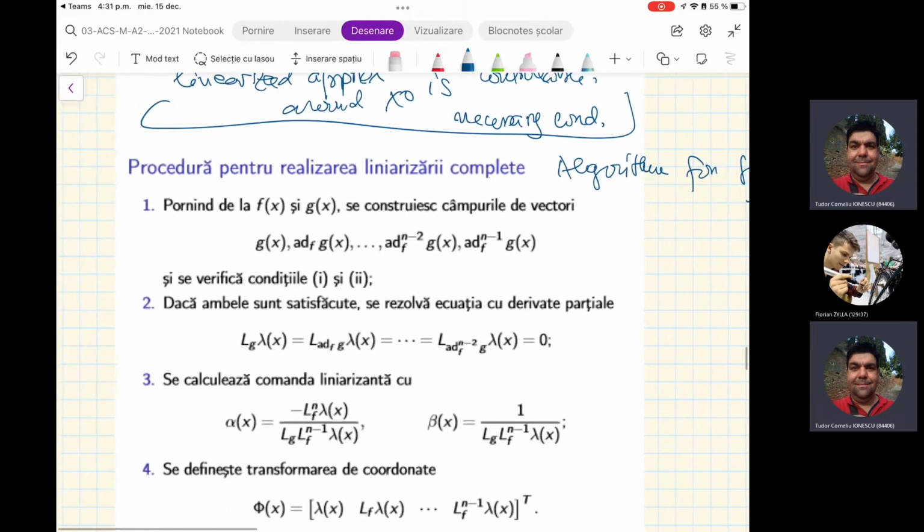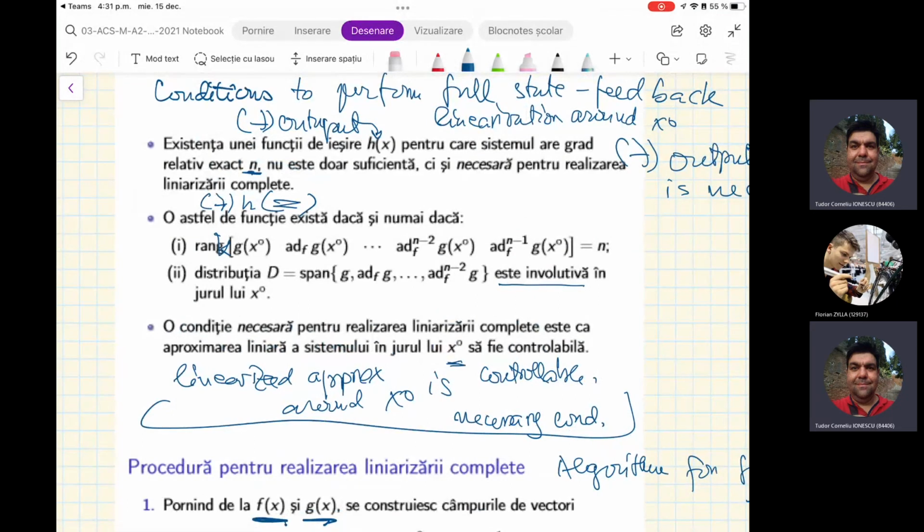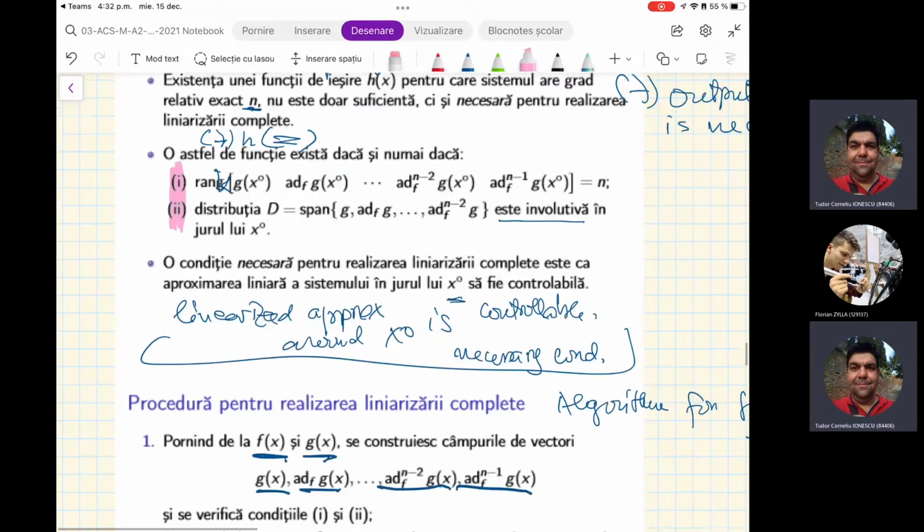If you have the vector fields f and g, you build the vector fields ad_f g. You check the formula for ad_f g. We have the formula earlier with Lie brackets. And you check conditions 1 and 2. So you have to check these conditions.